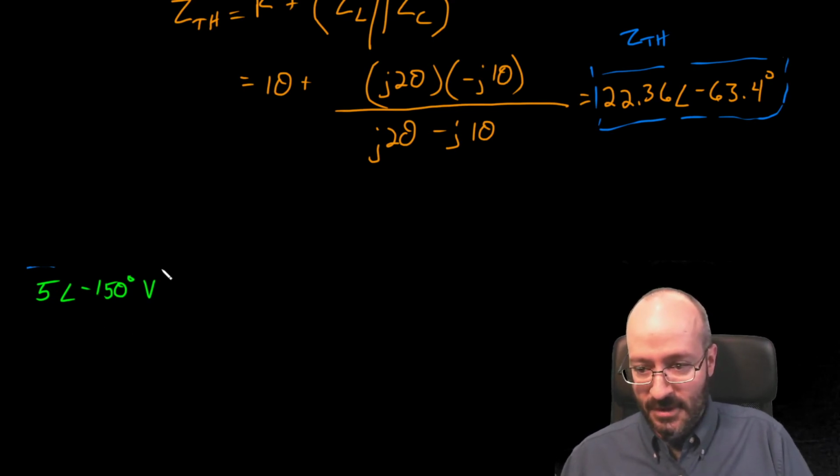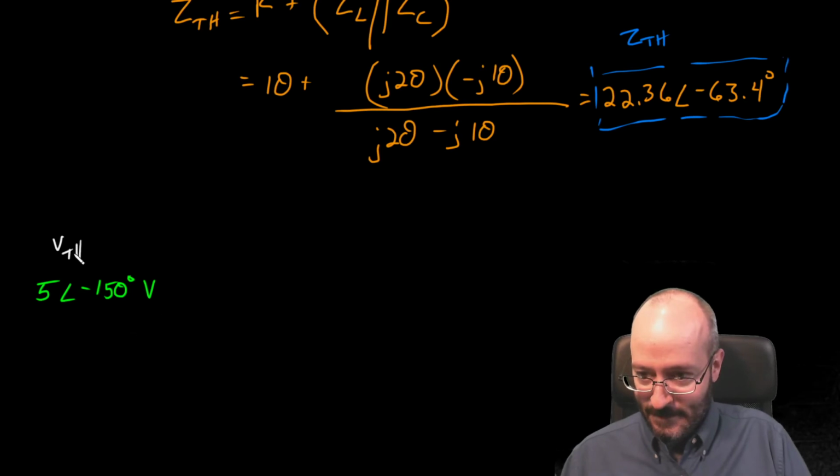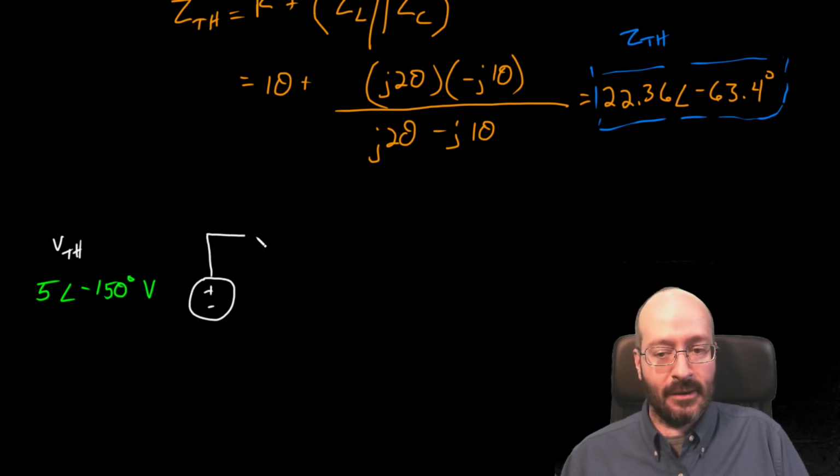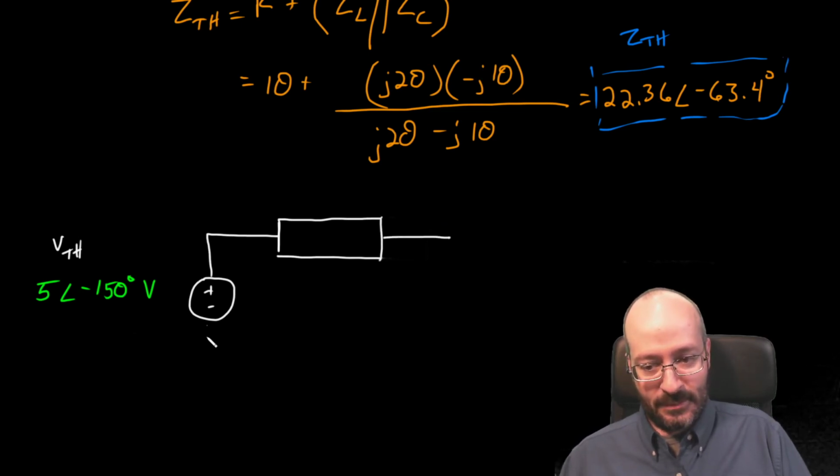It's the nature of engineering. Okay, that's V Thevenin. I have to draw a circle again. I think I'll live. And Z Thevenin, that might have been overkill, is an impedance in series with it.